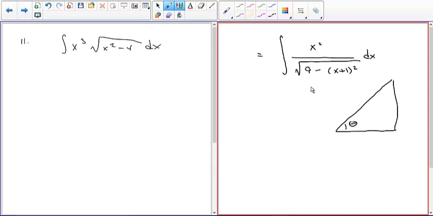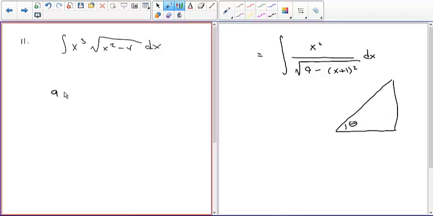Another thing that could happen is this. This one's already factored, but let me multiply this out just to show you. If I take the denominator and the square root there, it would be 9 minus x plus 1 squared, which is 9 minus x squared plus 2x plus 1. If you multiply that out, you'll get 9 minus 1, which is 8, minus 2x minus x squared.